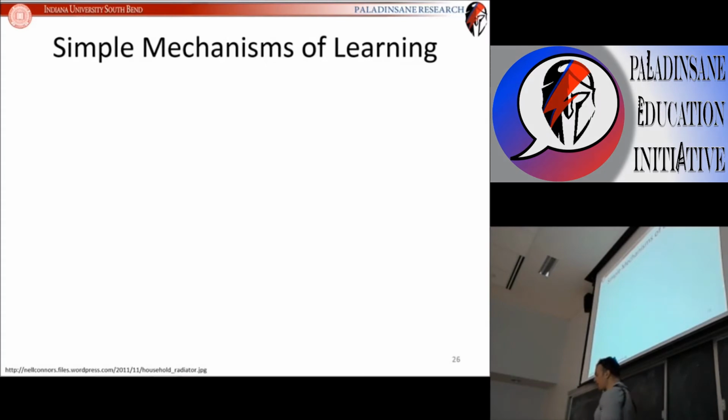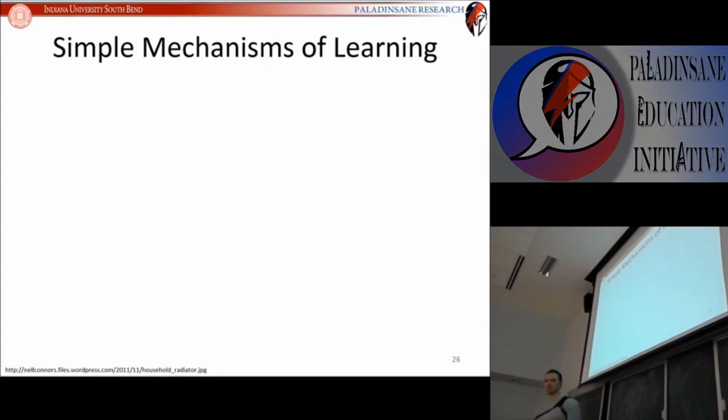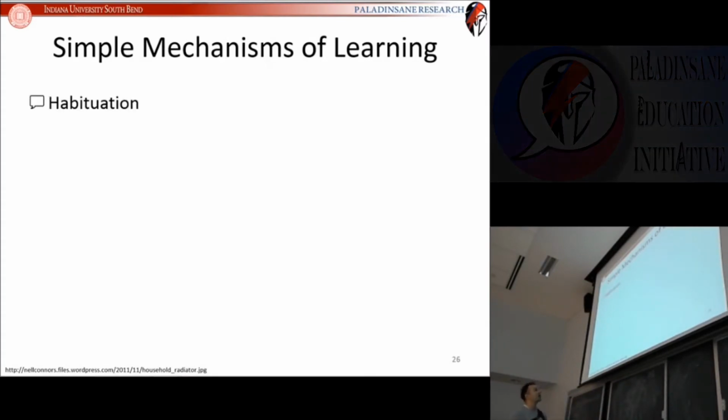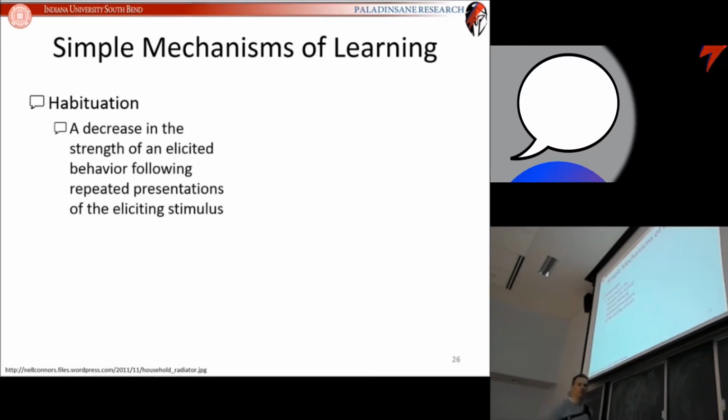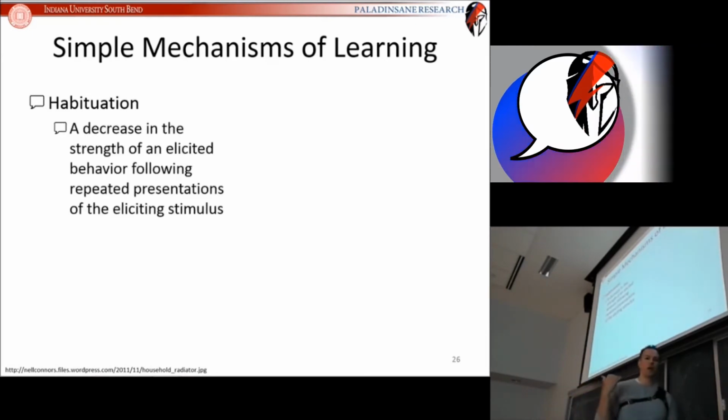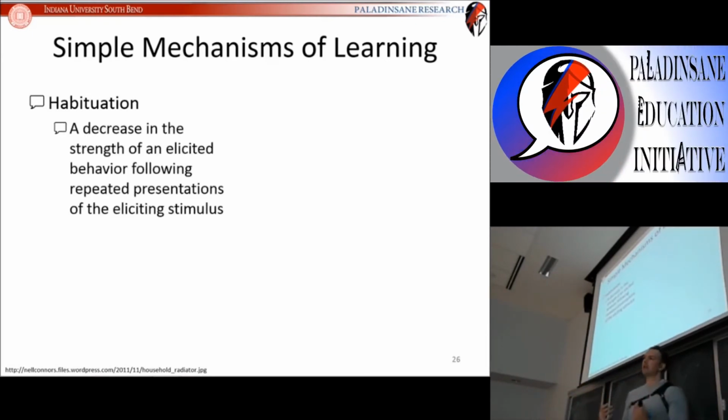All right, so let's start off with the simple mechanisms of learning. Habituation is the first one we'll look at. Habituation is where you have a decrease in the strength of an elicited behavior after repeated presentations of that eliciting stimulus. An elicited behavior, you can think of almost as an automatic behavior, a reaction to a stimulus.